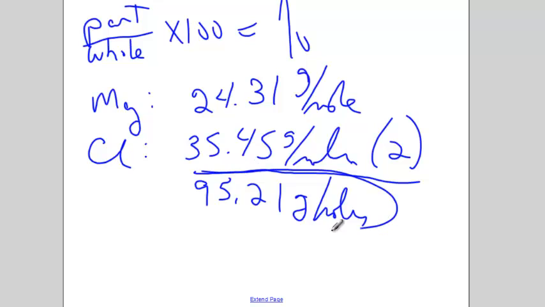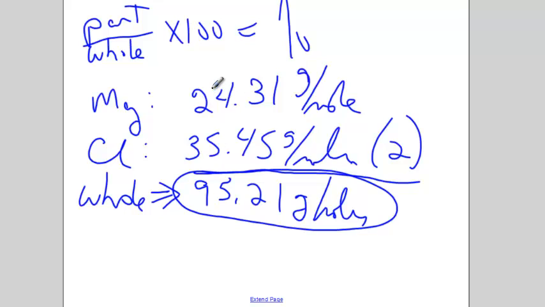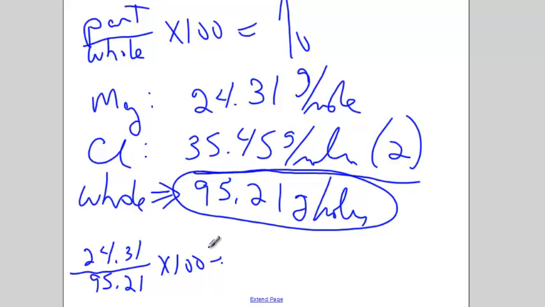That is the whole. And each of these guys are the parts. 24.31 over 95.21 times 100 is 25.53%.